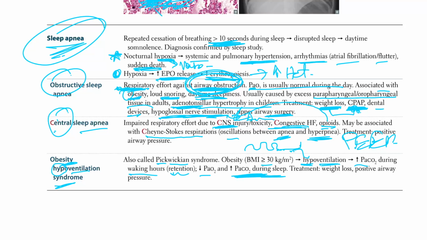So what is all this happening? You have obesity so much that you're going into hypoventilation due to your obesity, specifically. And because you're hypoventilating, you're retaining your carbon dioxide in the waking hours, and during sleep you're also retaining, of course, an increase in PaCO2.